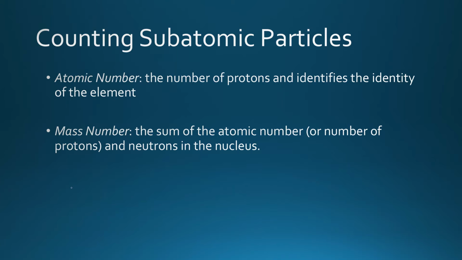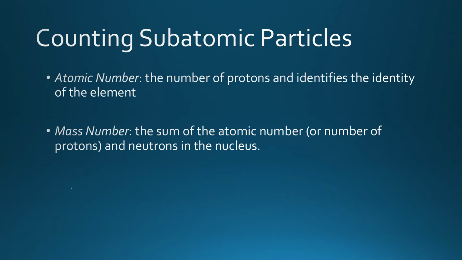So what the rest of the topic is going to be for today is going through how to count subatomic particles. So the first thing is we're going to use two numbers called the atomic number and mass number. So the atomic number is what orders our periodic table, and that again is telling us how many protons an element has. And again, each element has its own unique number of protons to give us their own unique identity.